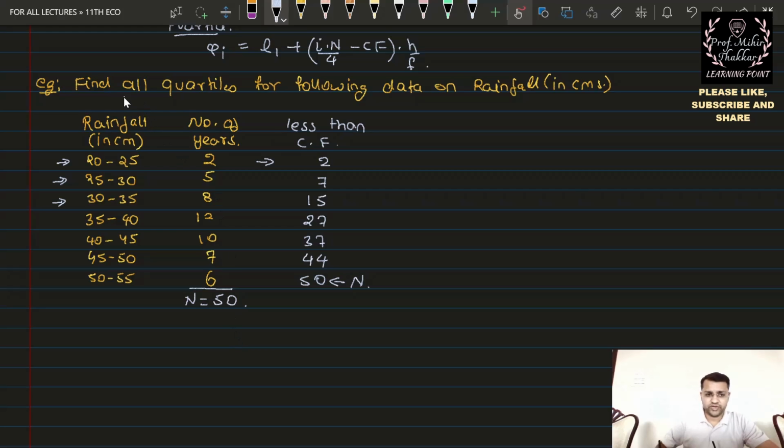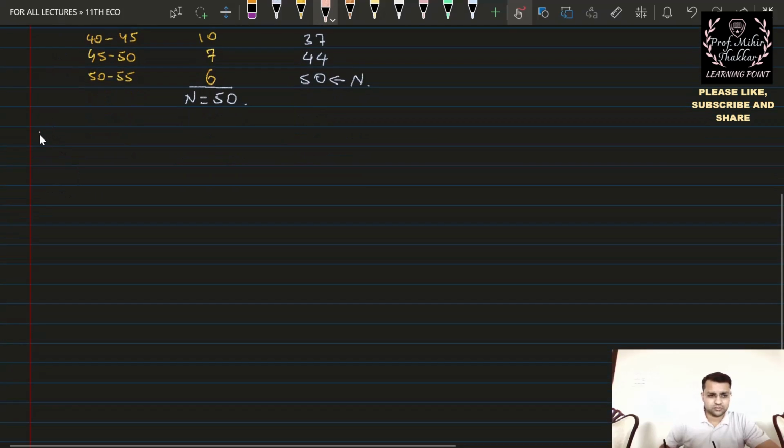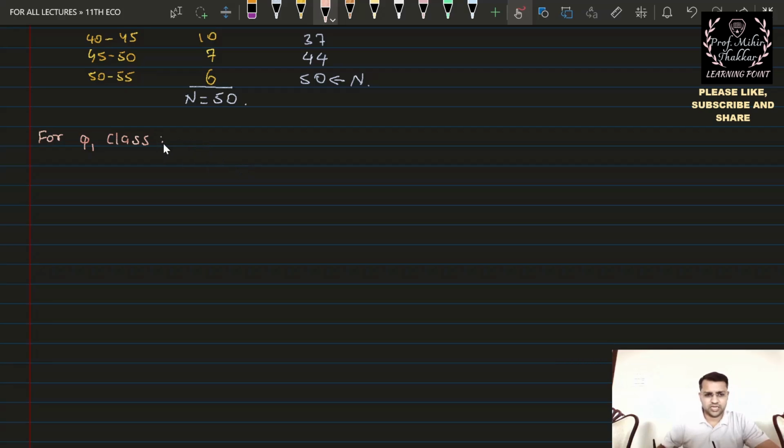So because I have to find out all the quartiles, first I will go for the Q1 class. So I can say over here, for Q1 class, I will get the value of 1 into n upon the 4th observation, which is going to be 50 divided by 4.